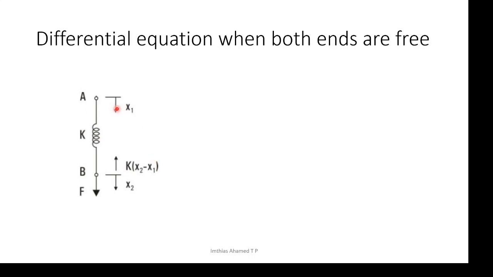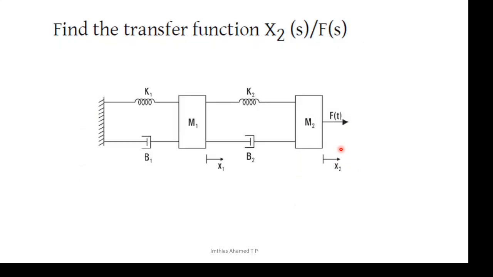The fixed case is a special case where x1 is 0, then F is equal to k into x2. Similarly, for the dashpot, if I apply a force F and the displacement is x2, the velocity will be x2 dot, this velocity will be x1 dot, and the opposing force will be b into (x2 dot minus x1 dot). So this problem we will do after a short break.